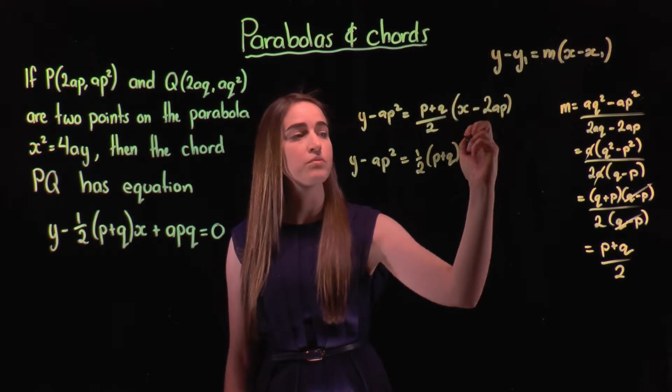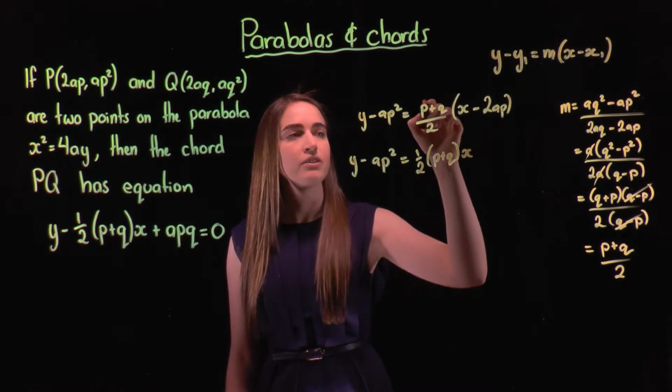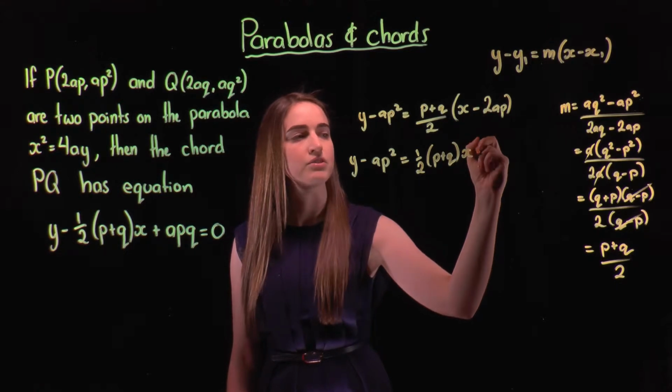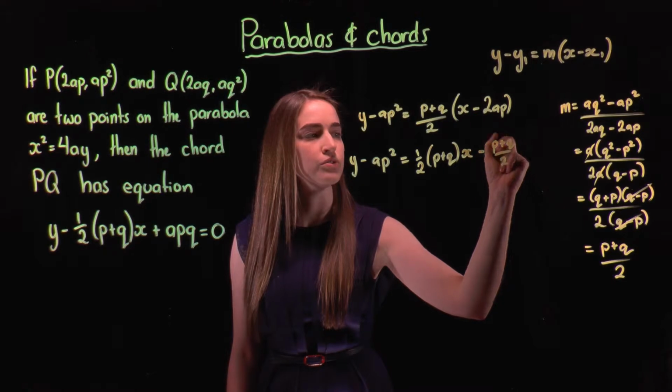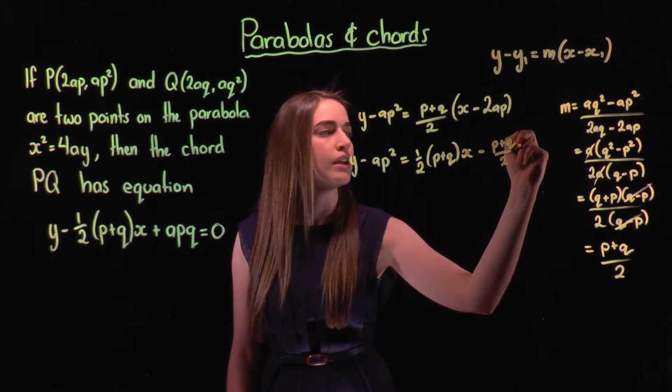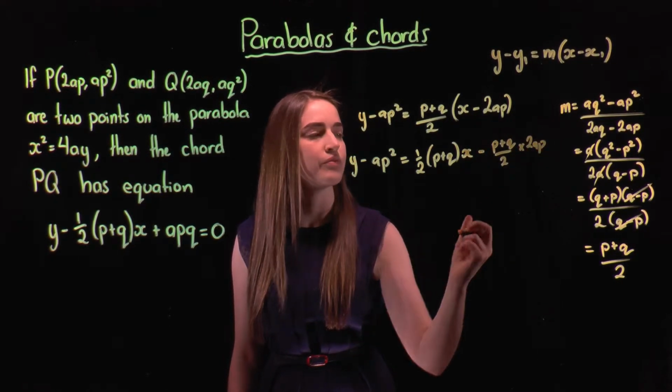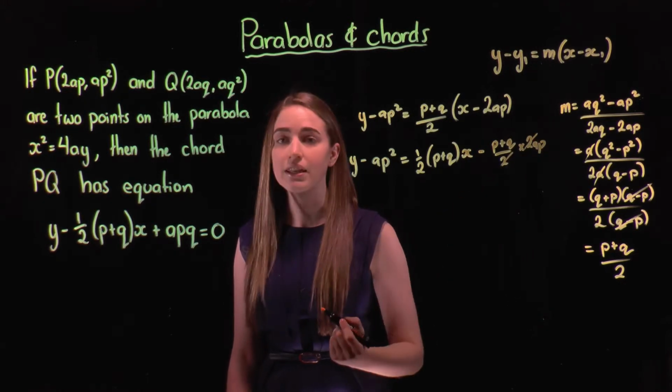And expanding that out, I'd multiply that by x, and then I'd multiply this by this term here as well. So I'd have minus p plus q over 2, or half p plus q, either one, times 2ap. Now the 2 and the 2 down the bottom are going to cancel.